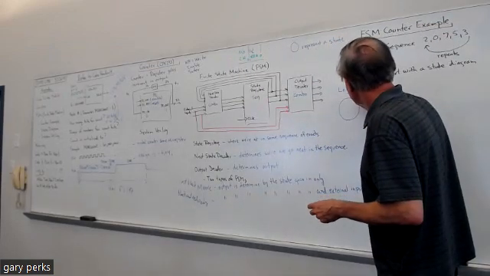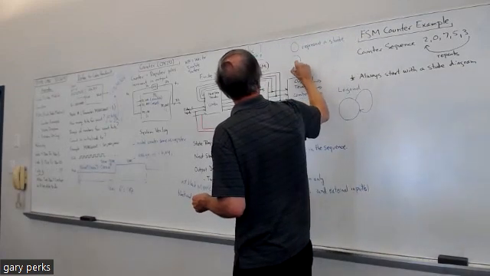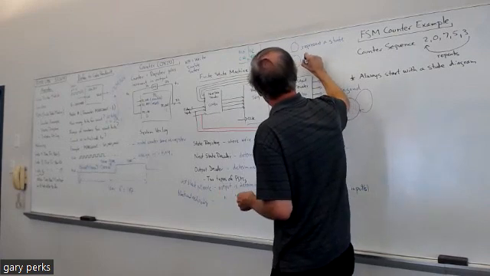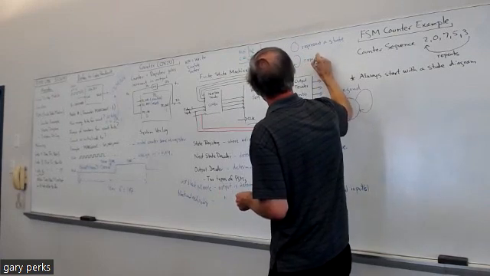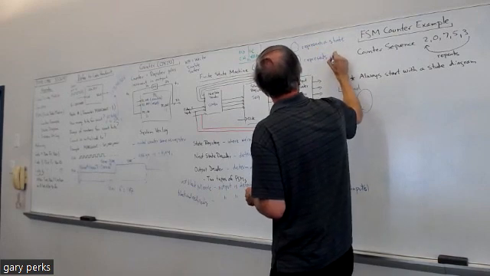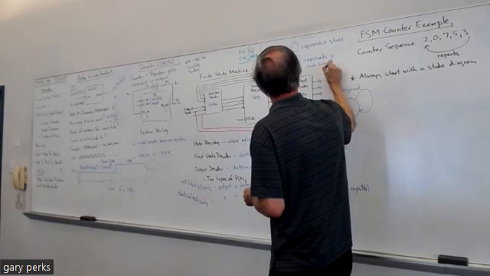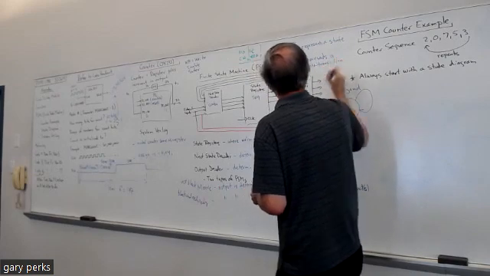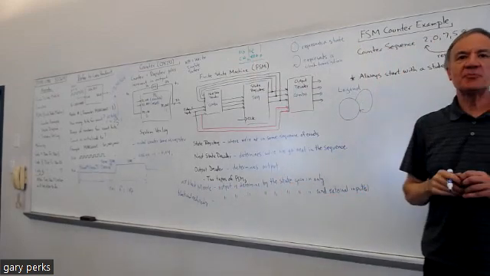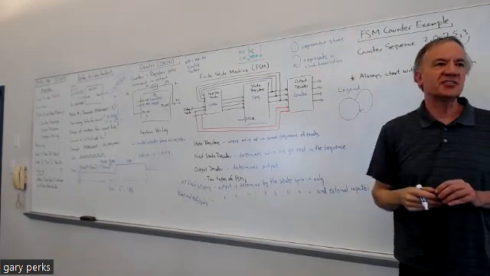Also in the legend, you'll always have an arrow, a curved arrow like this. And the arrow represents a clock transition. And it can either represent a rising edge or a falling edge clock transition.